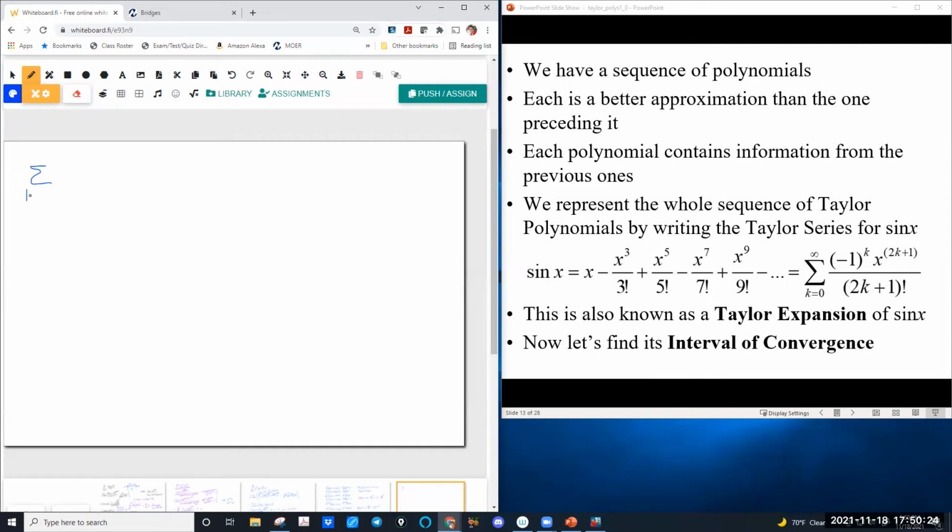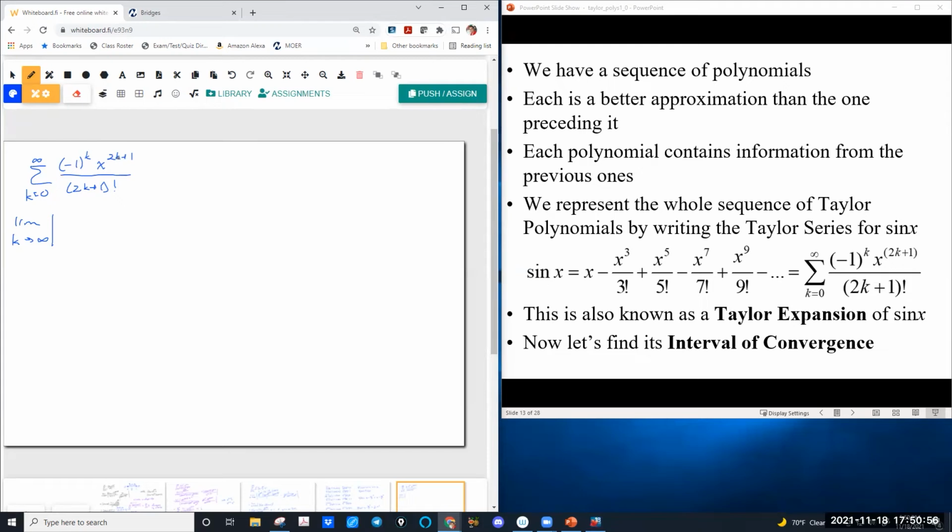So we used k there, so let's use k here. k equals 0 to infinity, negative 1 to the k, x to the 2k plus 1 over 2k plus 1 factorial. So limit as k goes to infinity of the absolute value. Remember, we don't need to include the alternating piece.